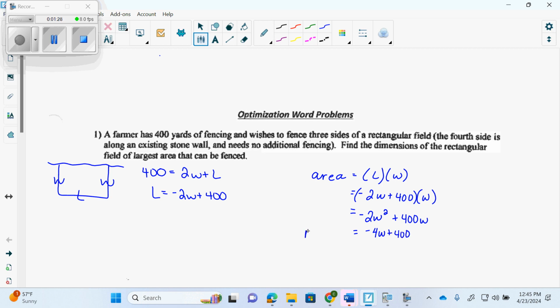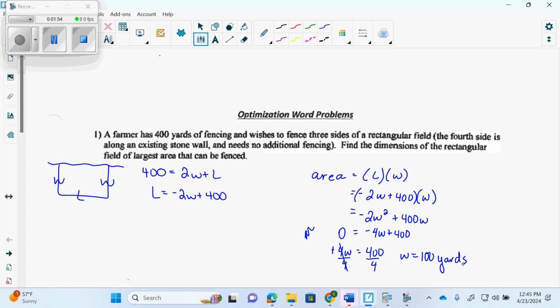And then you set equal to 0. And you get negative 4w, or just 4w equals 400. Divide by 4. W equals 100 yards. How do I get the length? Plug that into where?